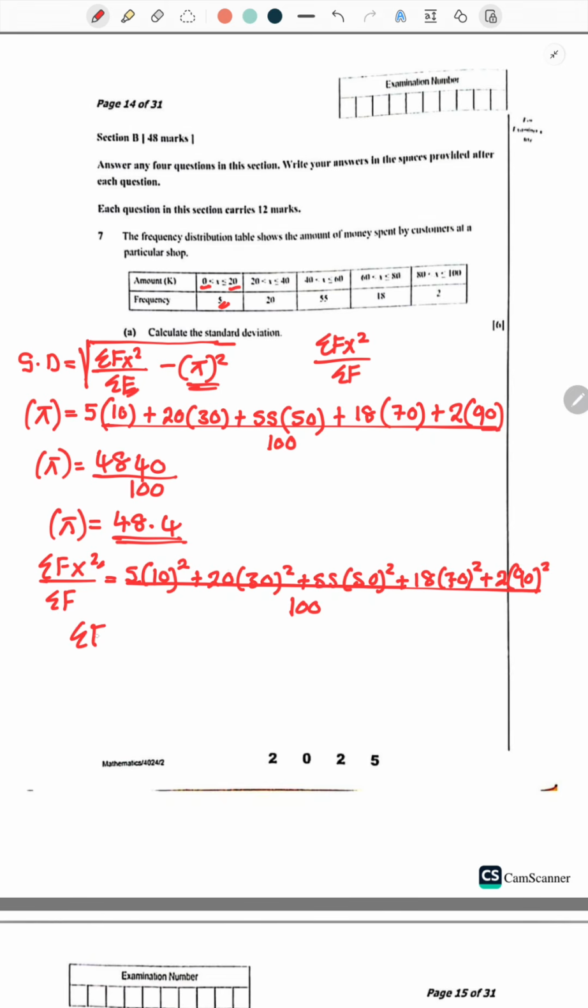Then your summation of all frequencies x to the power 2 over frequency is going to equal to... you punch everything at the same time.